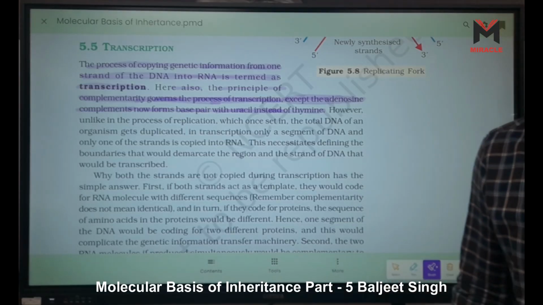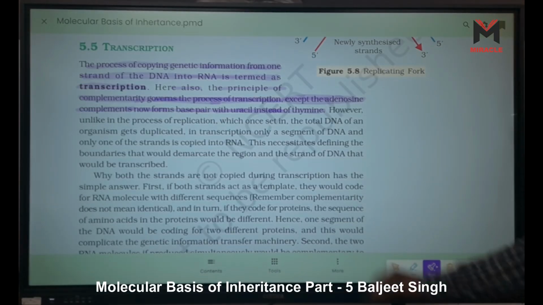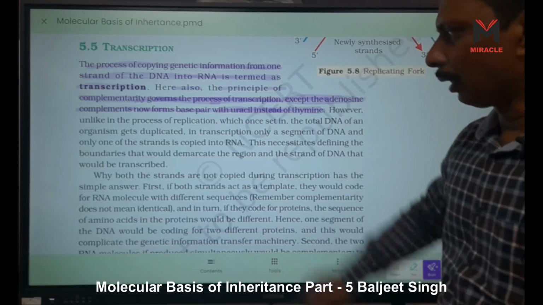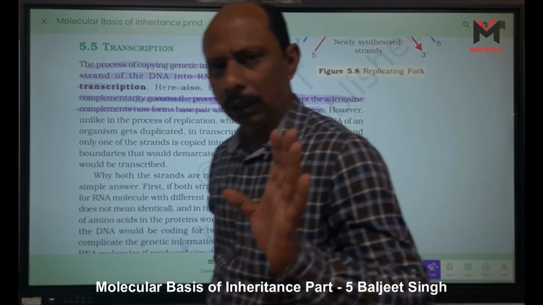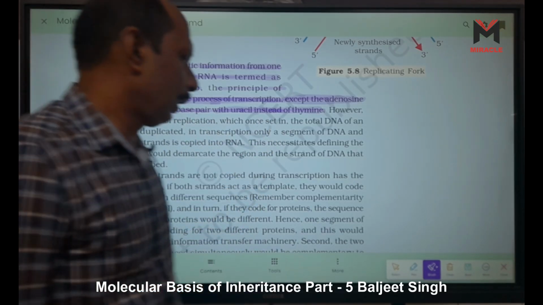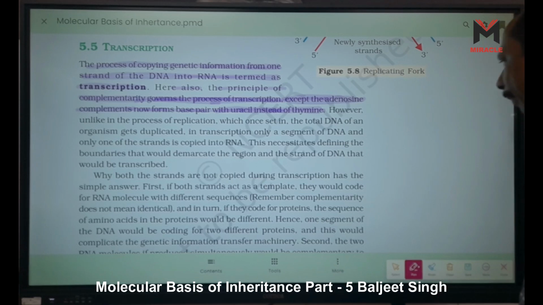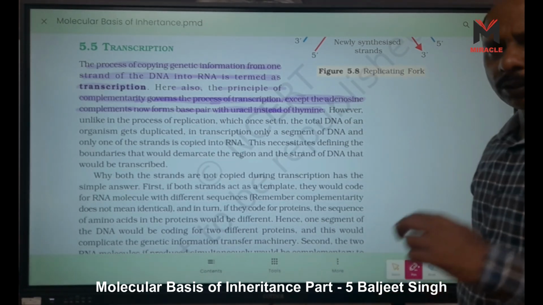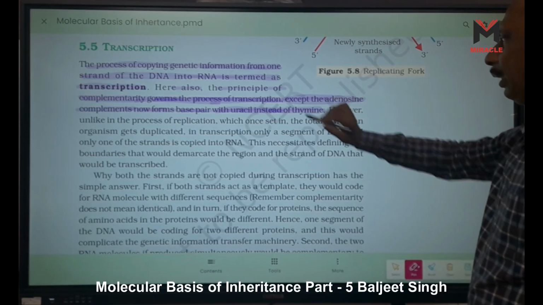We know this very well, right? Because thymine is not present in RNA, uracil binds here. That means the four nucleoside triphosphates used in this case are not the same as in DNA, because one is different.